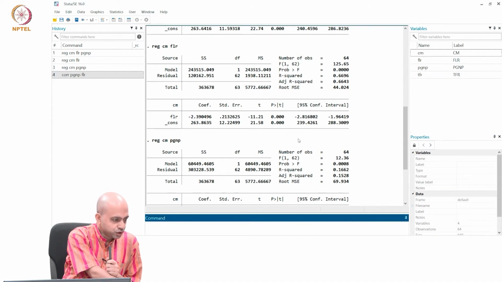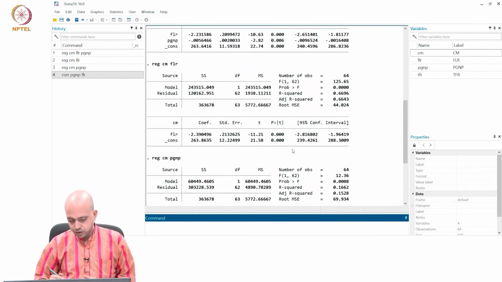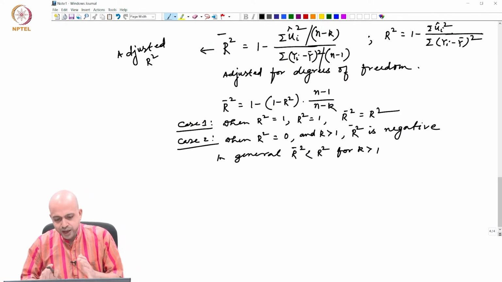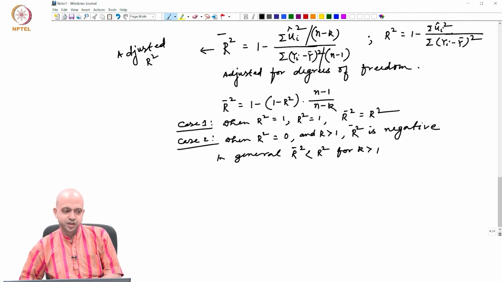From here also you see r square equals this, and adjusted r square is actually 1.1528. So, adjusted r square is lower than this one. This is how we can get the adjusted r square measure by adjusting its degrees of freedom if at all we want to compare the explanatory power of two different models.